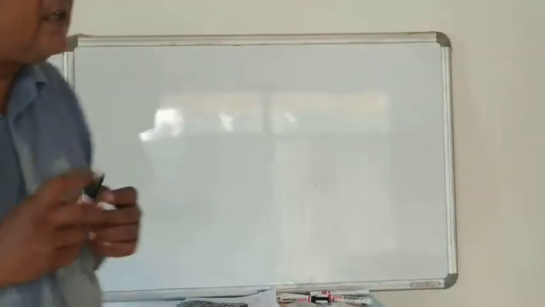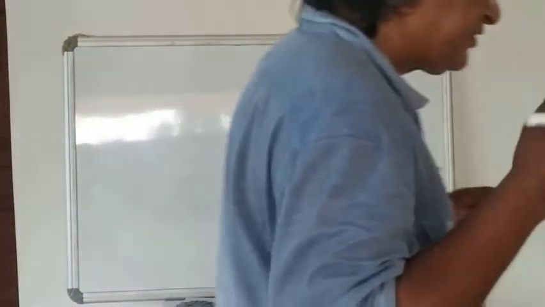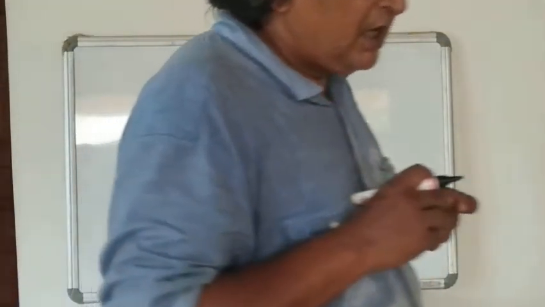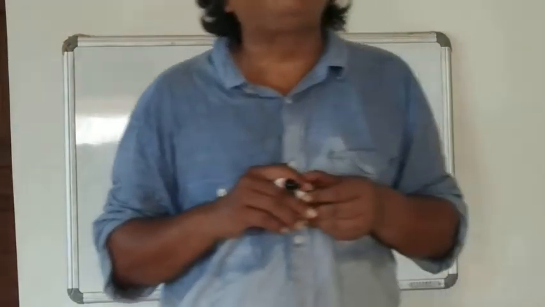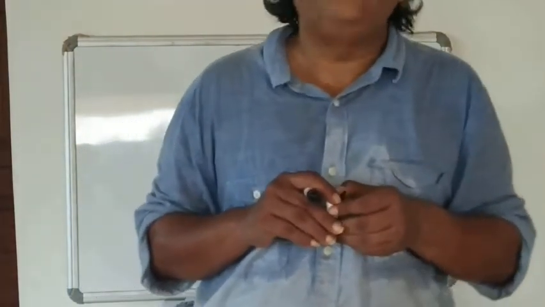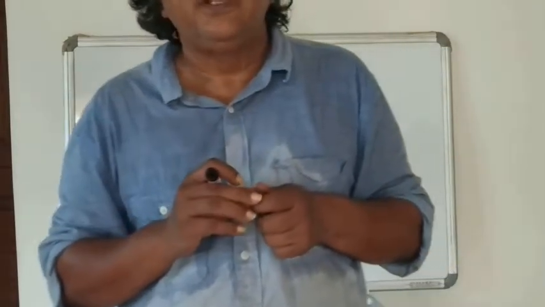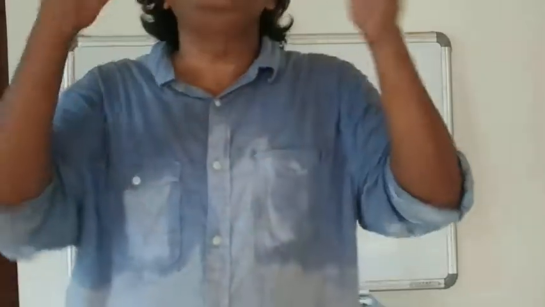But before that, let me tell you why we are talking of SiO4 tetrahedra. It is because oxygen, silicon and, to some extent, aluminium are the dominant elements of the Earth's crust.